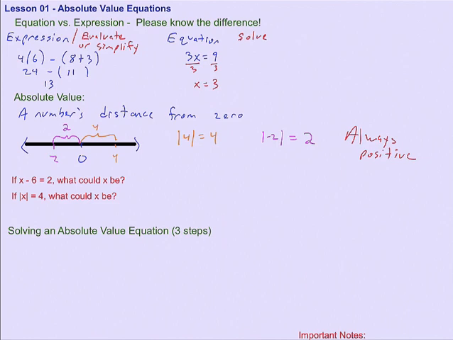That doesn't mean you can only take the absolute value of a positive number. Notice the difference in language there. The absolute value is positive means that the answer, the result of absolute value, is always going to be positive. But you can take the absolute value of a negative number. And just a couple of things to think about here.